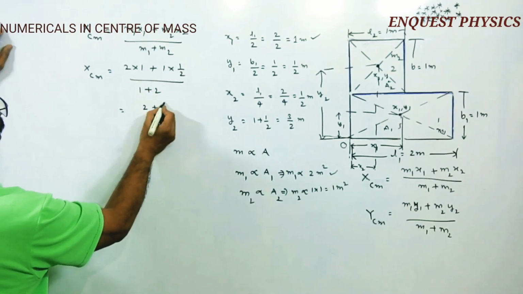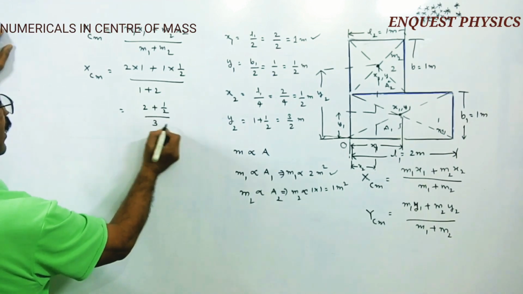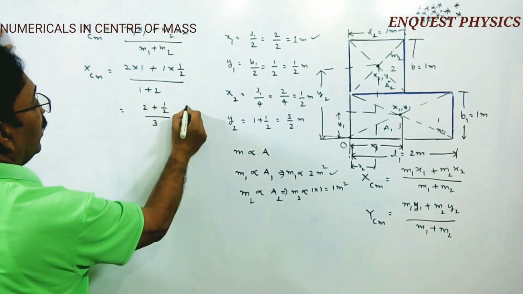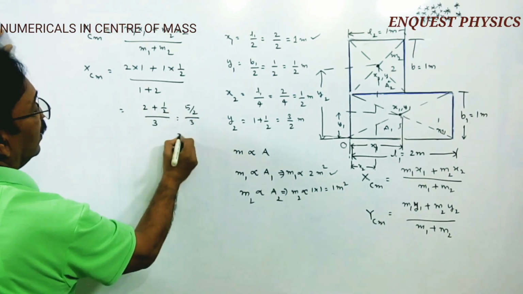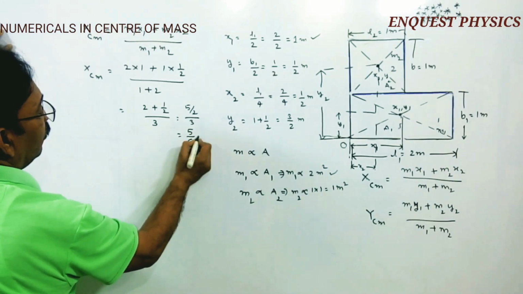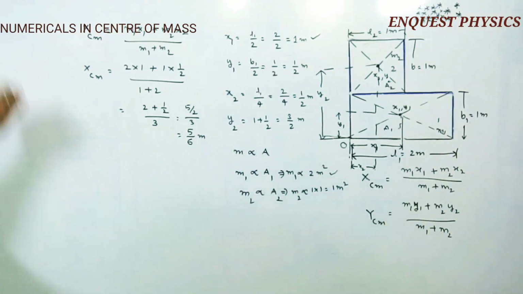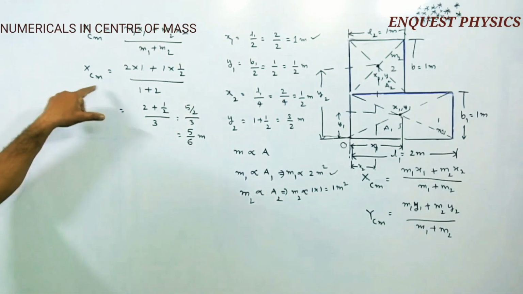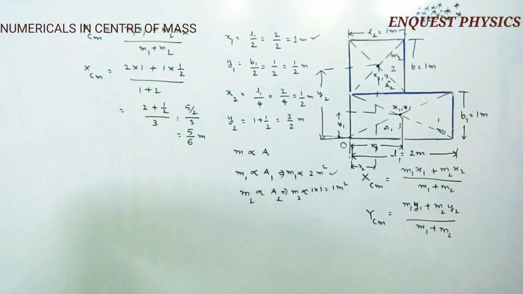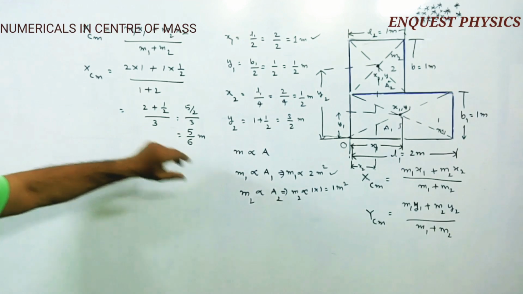It is 2 plus half by 3, that is 5 by 2 by 3, which is 5 by 6 meter. In this way you can calculate the coordinate of center of mass xcm as 5 by 6 meter.